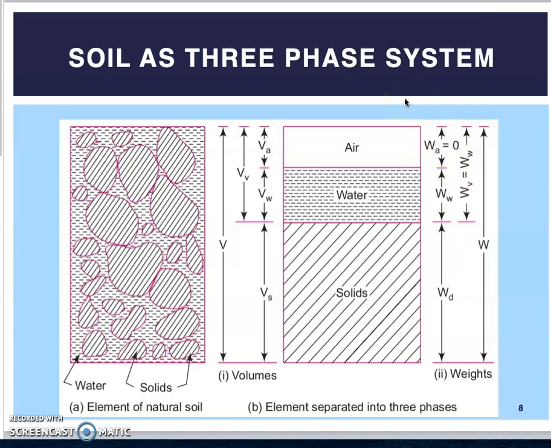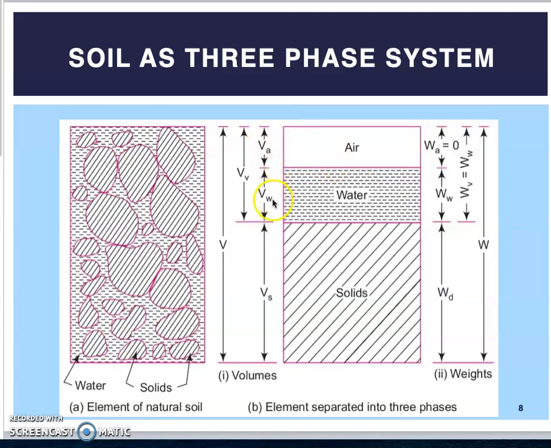So what can you see in this phase diagram? There are solids, water and air. Volume of solids will be represented as Vs. Volume of water will be represented as Vw, and air will be represented as Va.